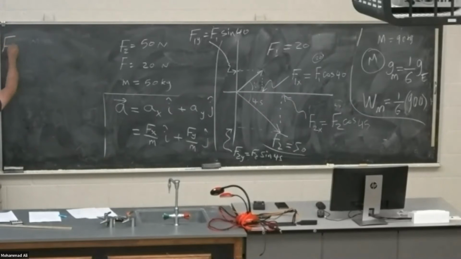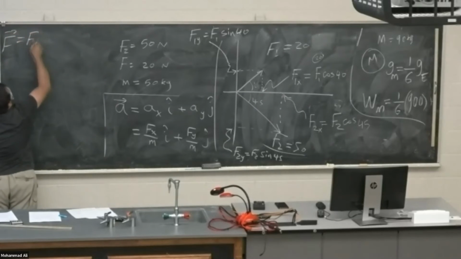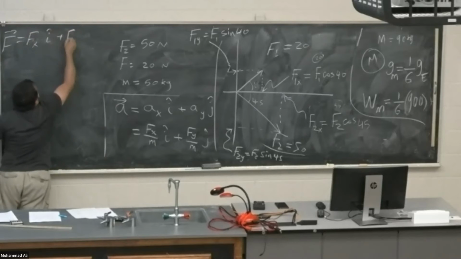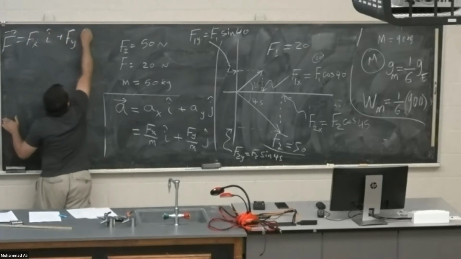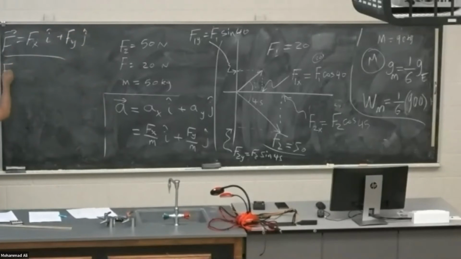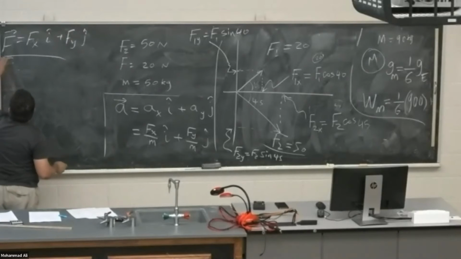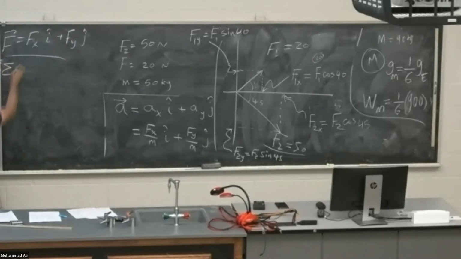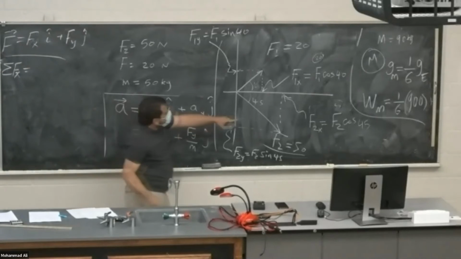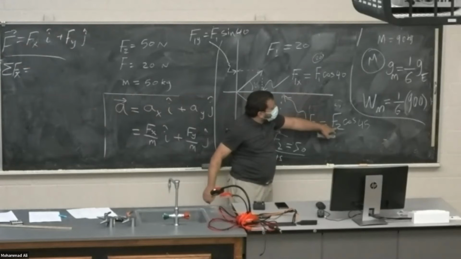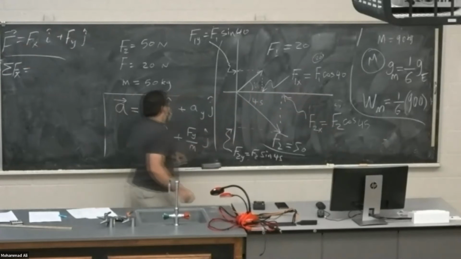Now my force is Fx i hat plus Fy j hat. Fx is the summation, it is equal to F1 cosine plus F2 cosine.